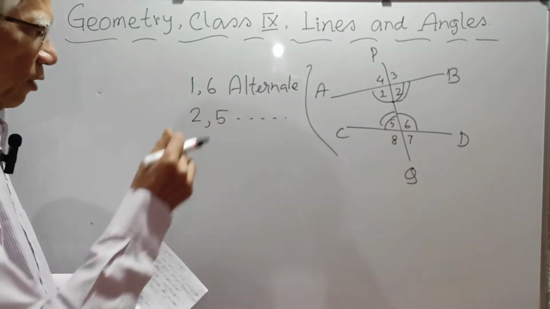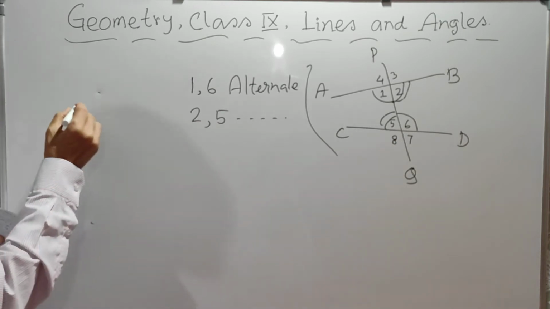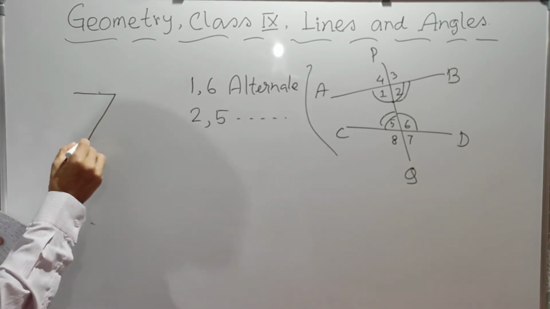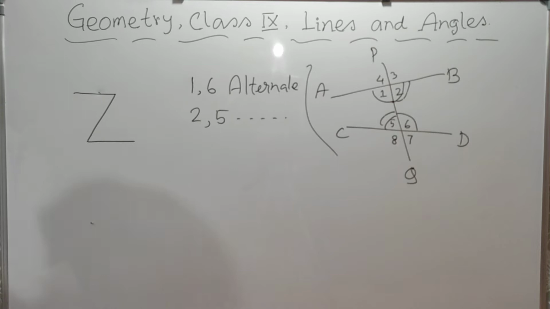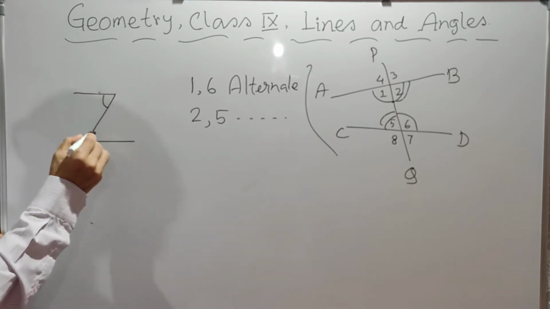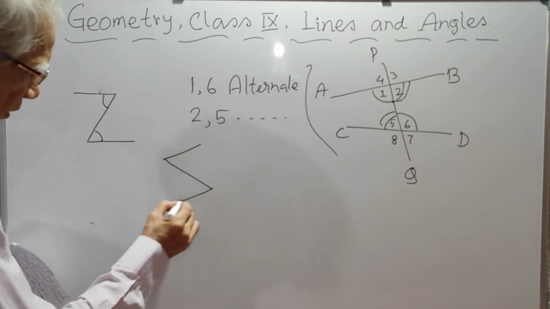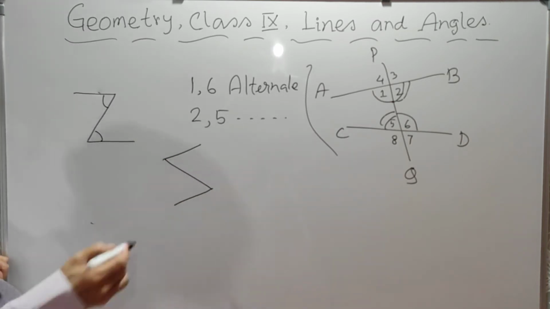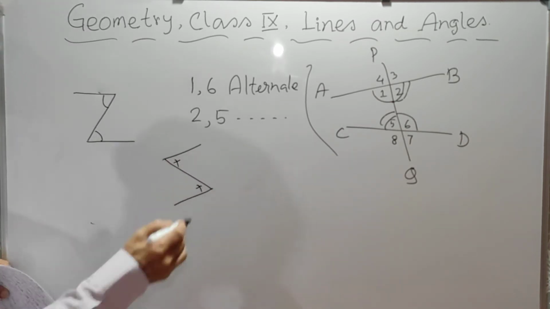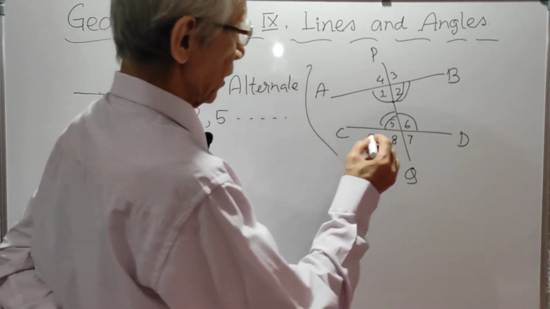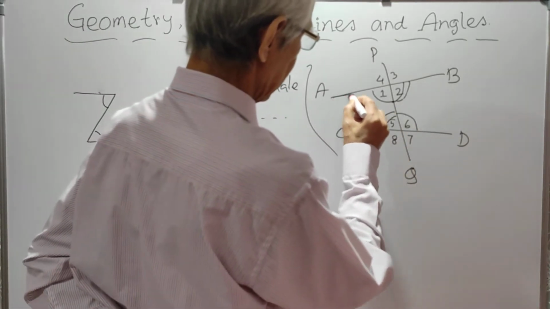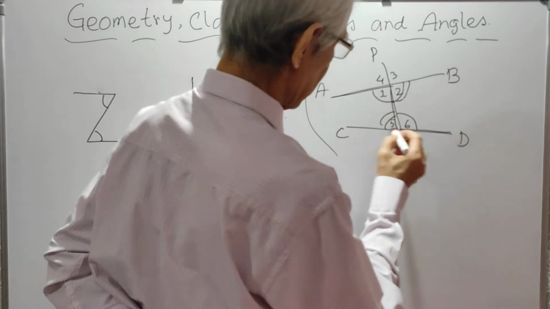All right. Now here also there is a trick to remember. Remember the letter Z. So this and this, you see, are alternate angles. Suppose this one, Z. So this angle and this angle are alternate angles. Now look here, this one, you see.